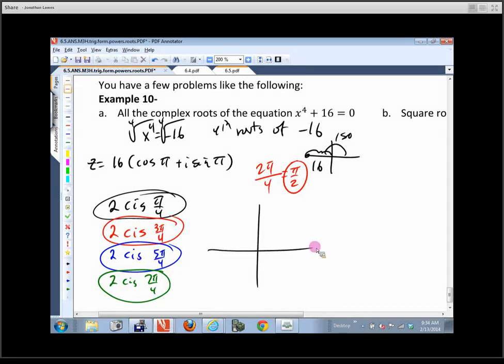Good? Okay, watch. This would be here, this would be here, this would be here, and this would be here. All equally spaced, right? Okay. Any questions?